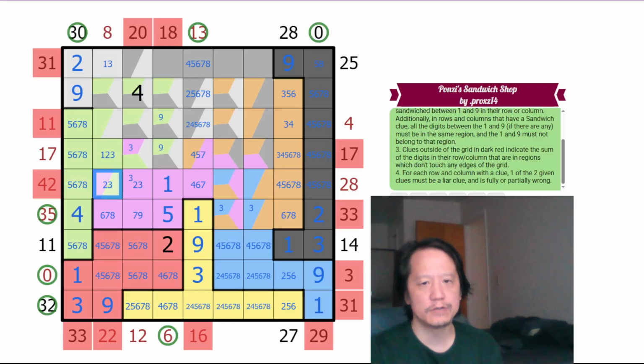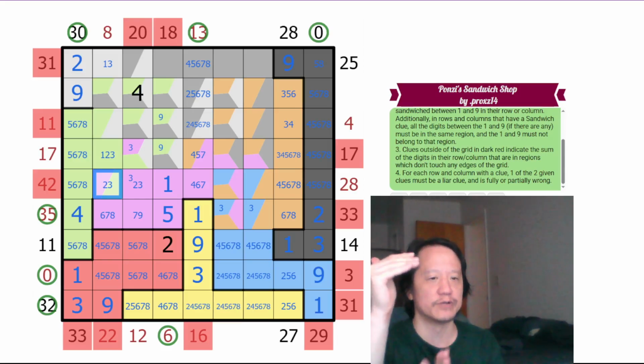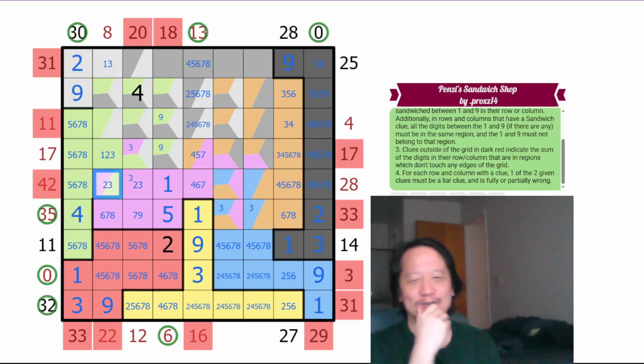So if it's green, the digits that are in regions that do touch the edge of the grid must sum to 17, because it's 45 minus 28, which are the digits in the regions that do not touch the edge of the grid. There's got to be a better term for that, but I don't know what other way.